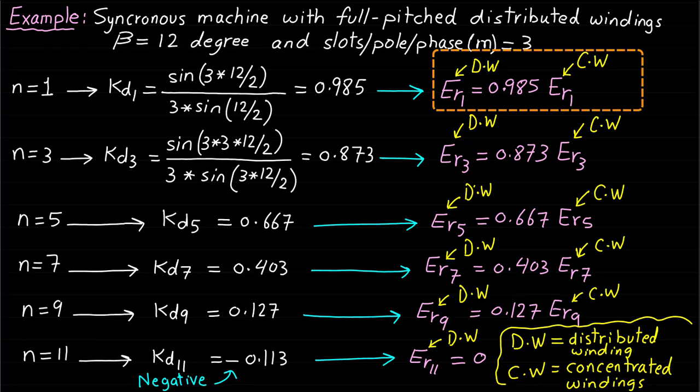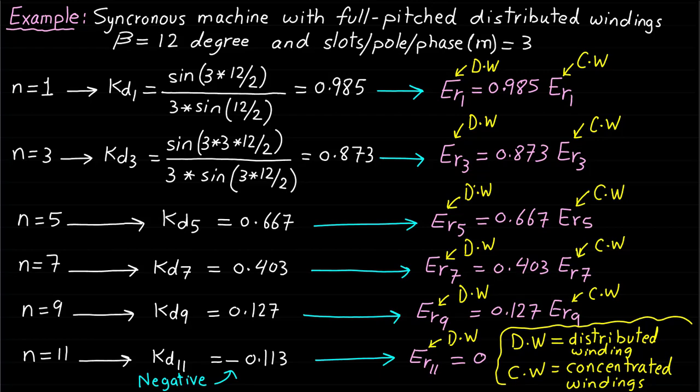That means the fundamental phase voltage of the distributed windings reduced by 2% only. Basically, during the design, the distribution factor of the fundamental component Kd1 must be high to achieve high induced phase voltage as possible, while the distribution factors of the unwanted harmonic components must be low to achieve low voltage magnitude for the harmonics.